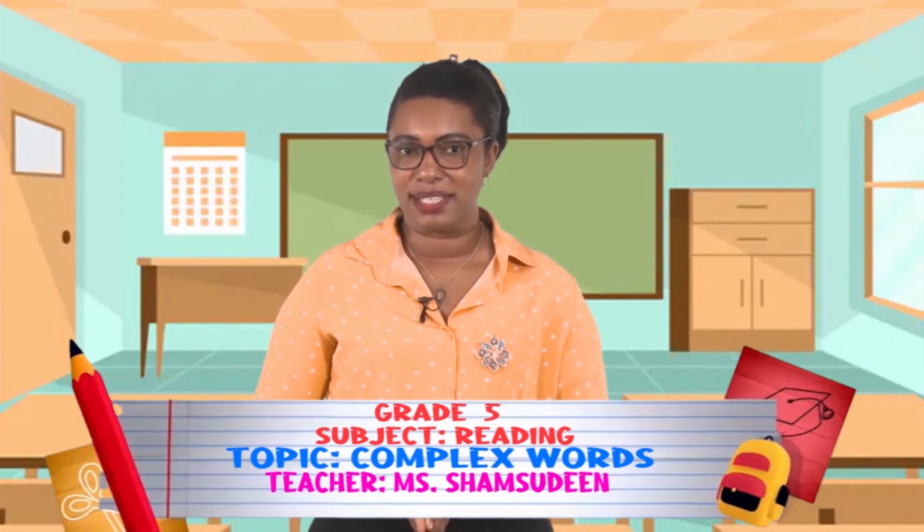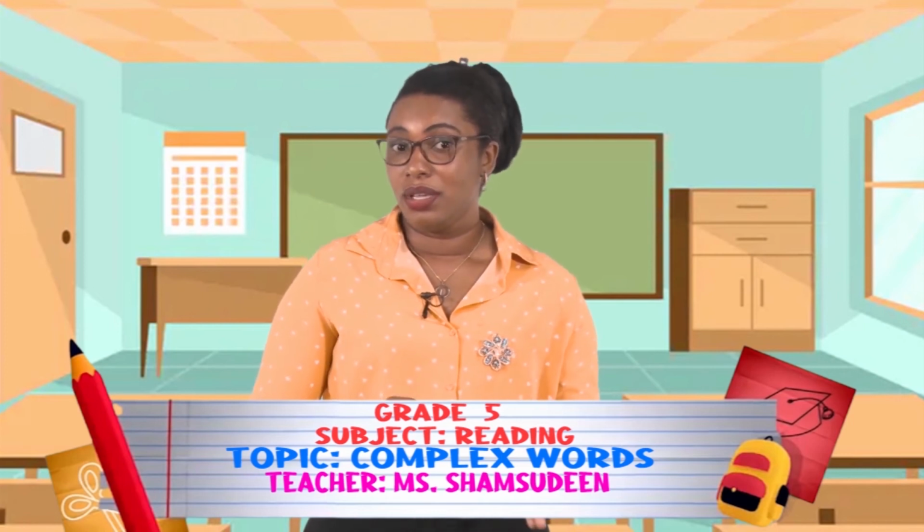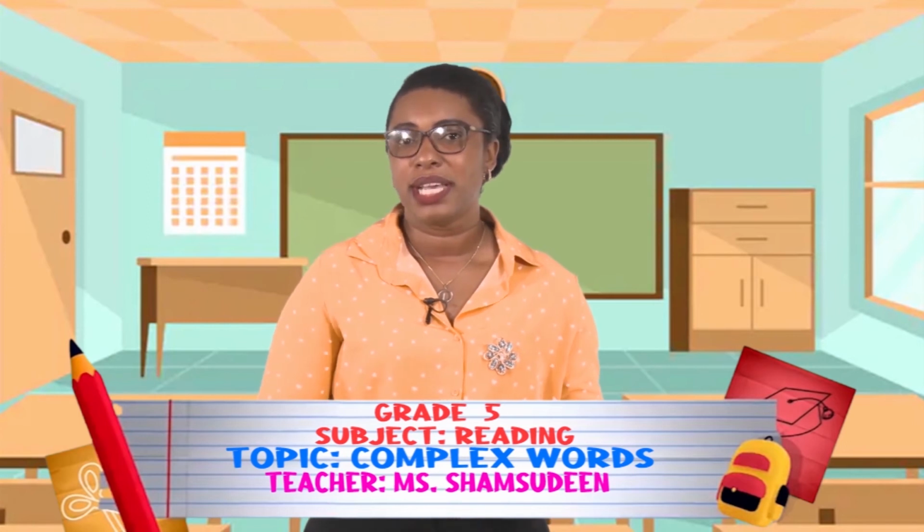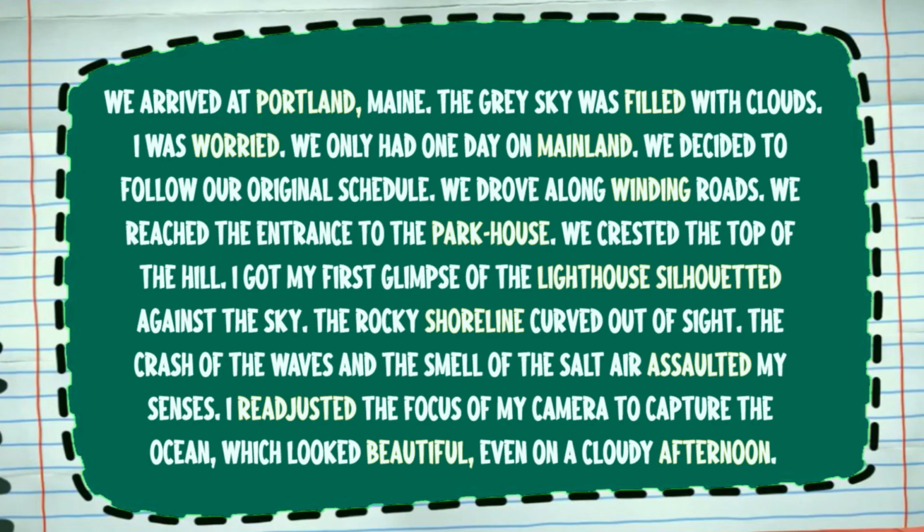Now, what complex words did you find in the passage? Well, if we were to read it entirely, it might take longer. But as we scan, let's look at the first line. In the first line, we have the word Portland. Filled. In the second line, worried. Mainland. In the third line, we have winding.